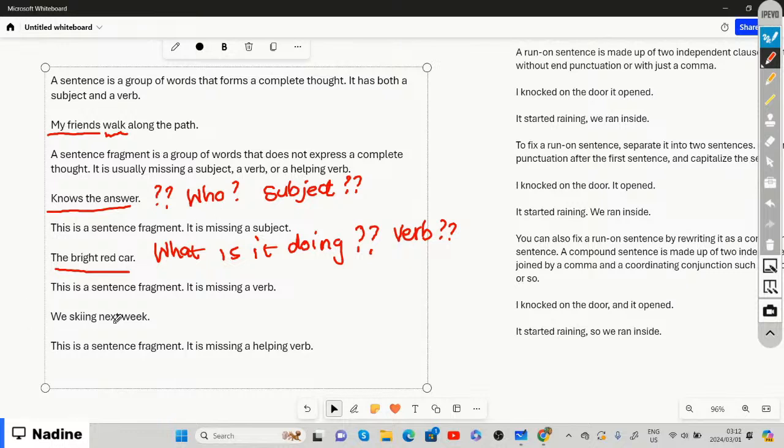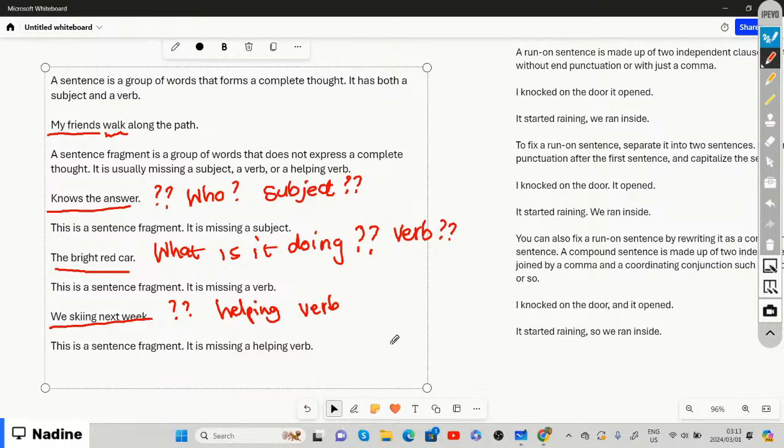We skiing next week. So we cannot just say we skiing. It needs to be we are skiing, maybe, right? Which means that we are missing a helping verb over here. So you need to say we are skiing, right?